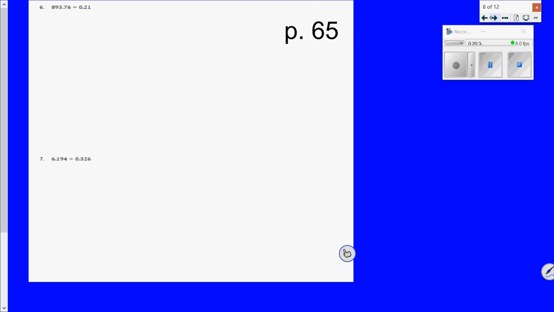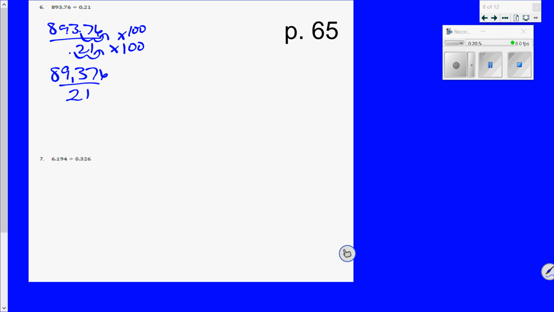My next one. Here we start 893 and 76 hundredths divided by 21 hundredths. Hundredths in both times, so I'm going to go by 100. Means I'm moving it twice. So that's going to be 89,376 divided by 21. My table.